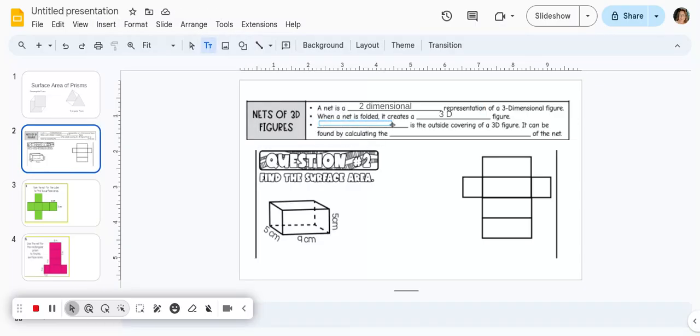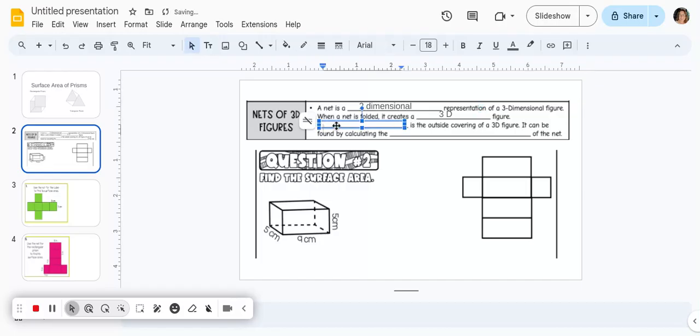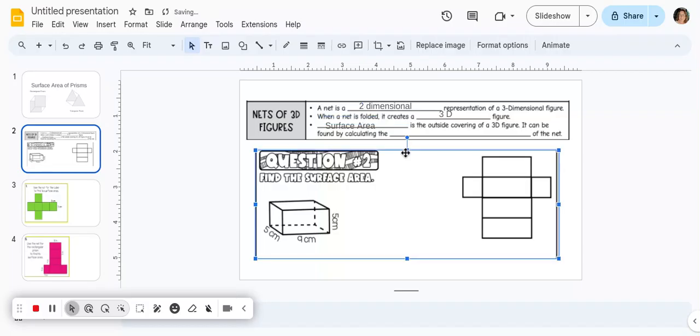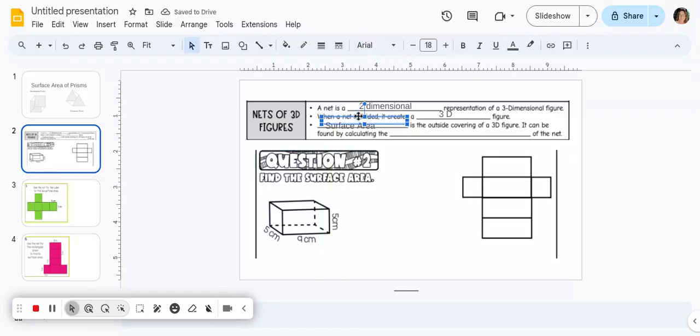Surface area is the outside covering of a 3D figure.